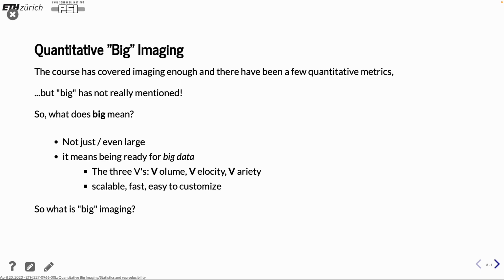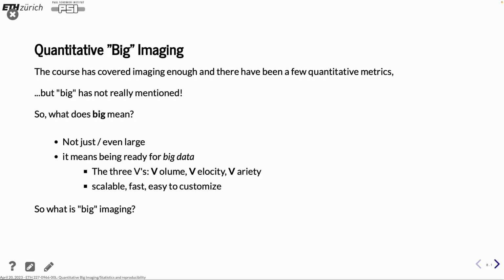And it also depends a little on the effort you have to put into the analysis. But what it's all about here is not how big the data is, but that you are ready to handle more repetitive data sets or data analysis.